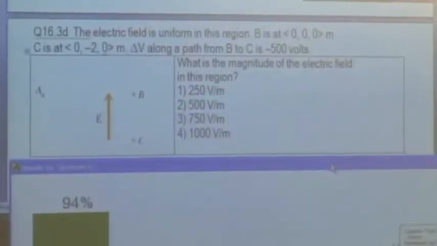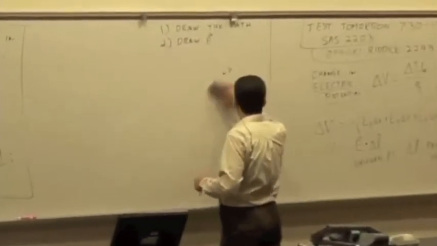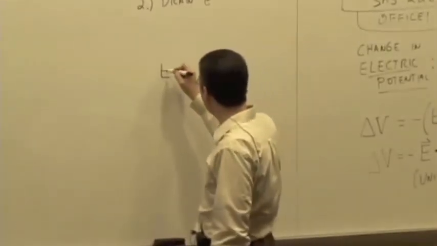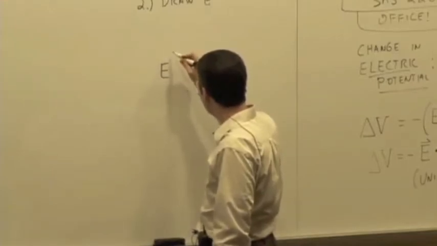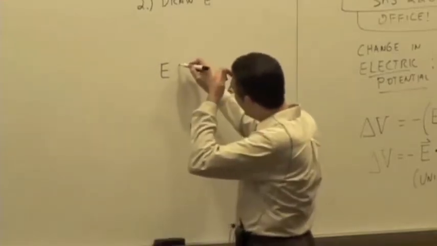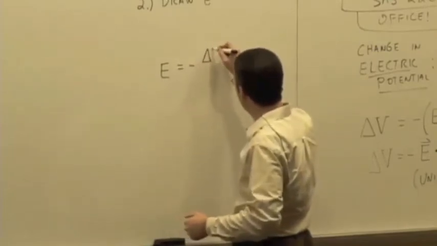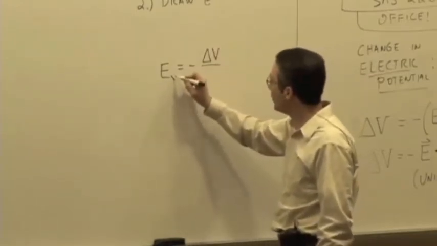We can actually write the opposite relationship here. If we know delta V is the dot product, then the electric field is going to be the negative of delta V divided by the path.